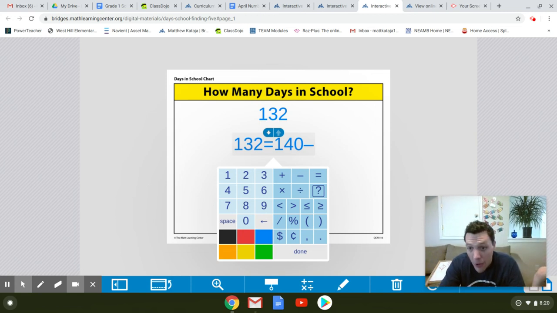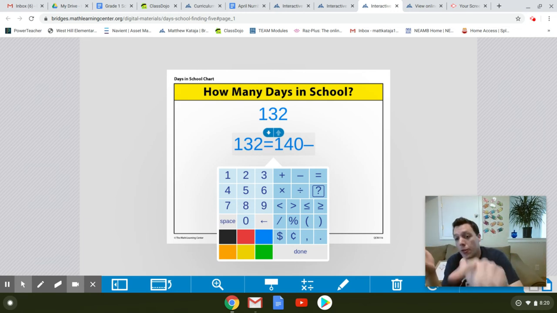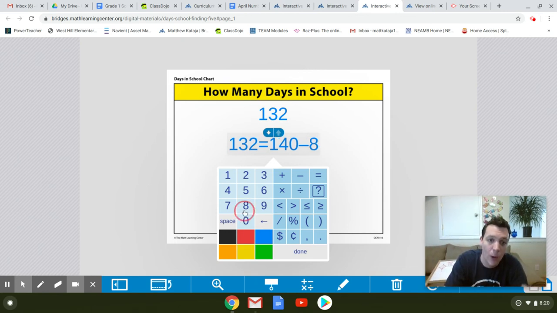Well, I'll just count backwards. 139, 138, 137, 136, 135, 134, 133, 132. How many ones did I have to take away to get to my 132? I had to take away 8 ones. There's my subtraction equation. What a wonderful equation it is.